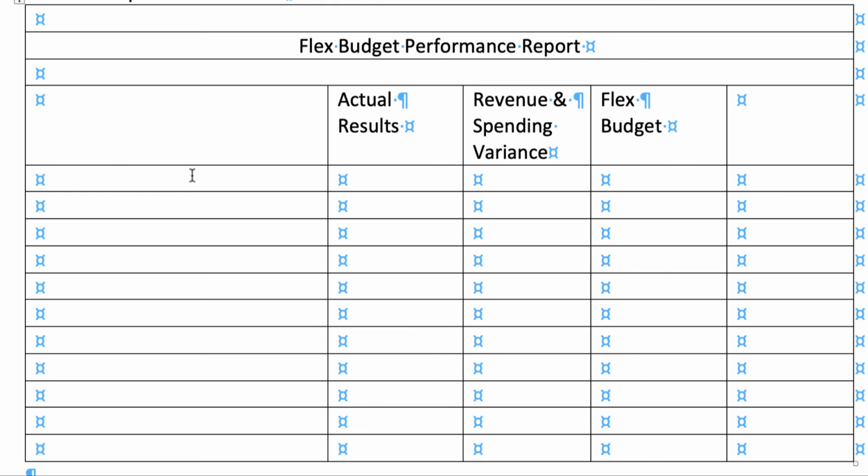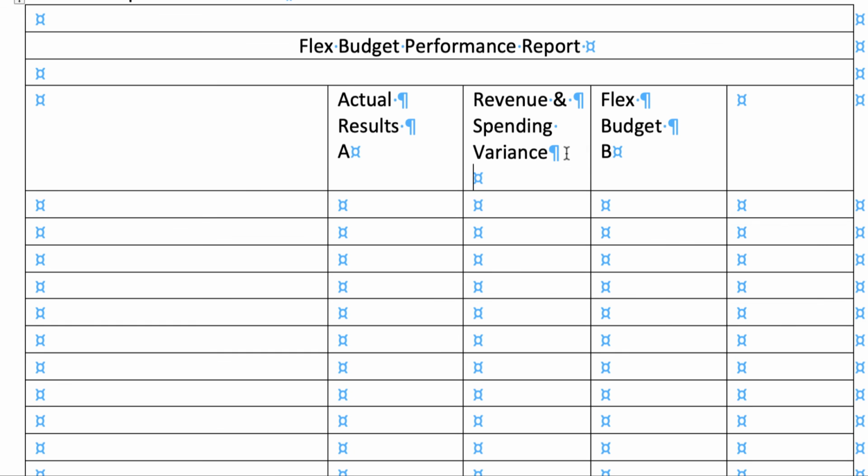You'll use your cost formulas, which the problem gives you in the book, and you'll calculate the flex budget. I'm going to do it this way for you. This will be column A. This will be column B. So we'll say spending and revenue is the difference between column A minus column B.